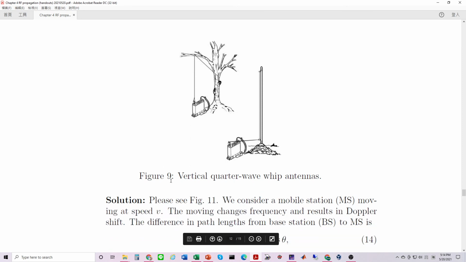This is Figure 9, vertical quarter wave whip antennas, like this or like this.